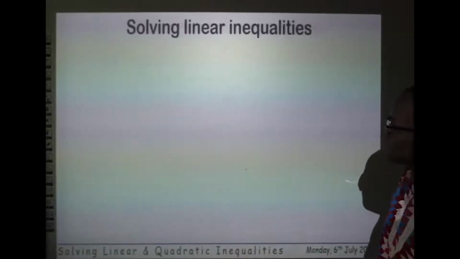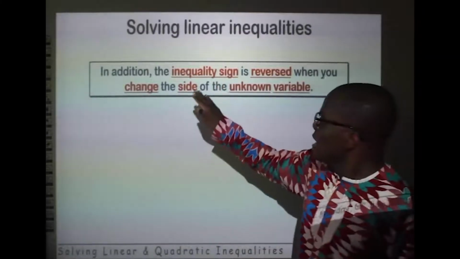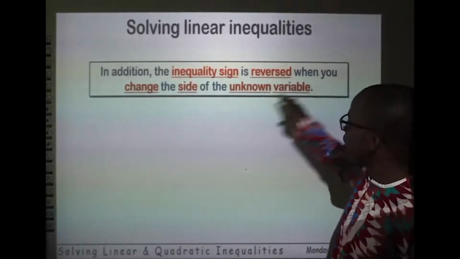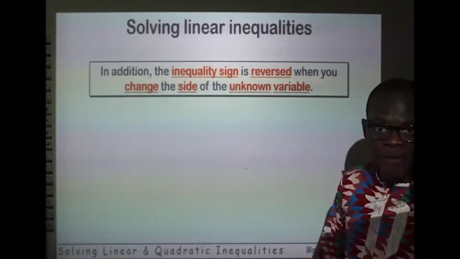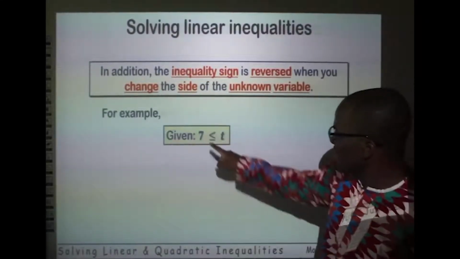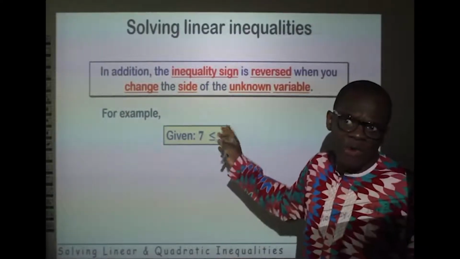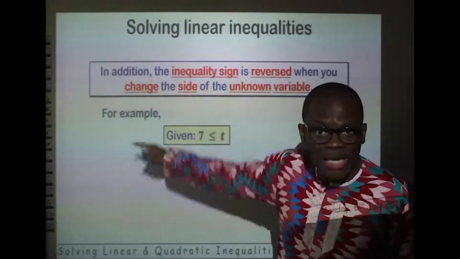Okay? Now, moving on. In addition, the inequality sign is also reversed when you change the side of the unknown variable. What do I mean by that? Let's see an example. If you have that 7 is less than or equal to t, now of course it's normally the case that you put the unknown on the left hand side.